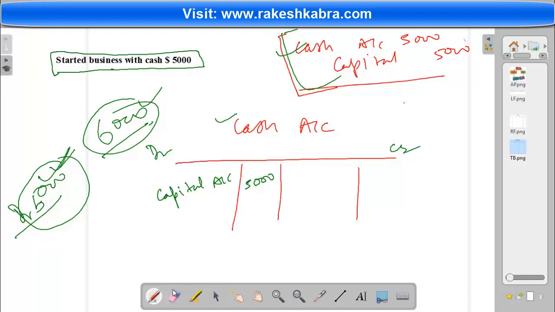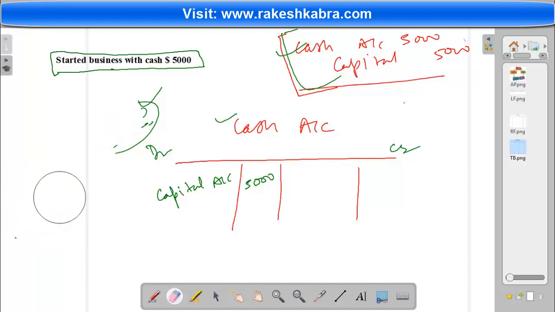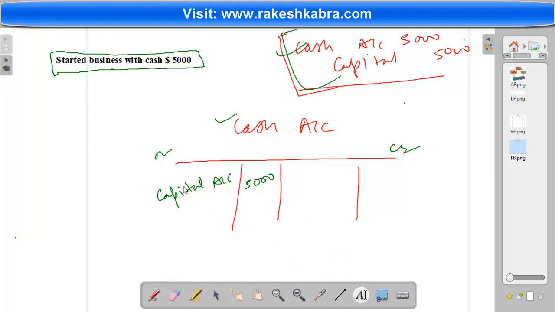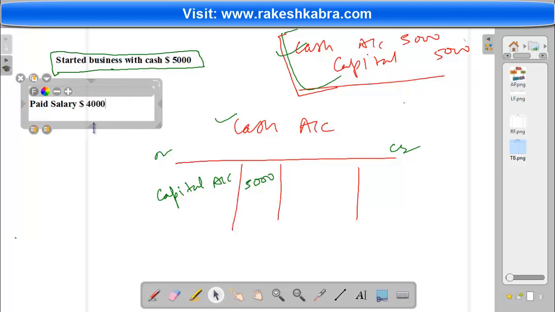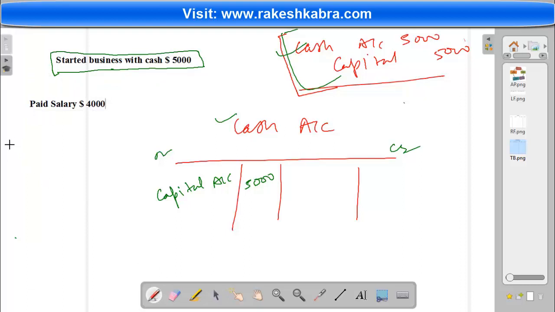Now one more transaction I am taking. Our next transaction is paid salary, $4,000. Suppose. Now what entry you will pass for this transaction? Salary is an expense, so the entry is: salary account will be debited, debit all expenses.